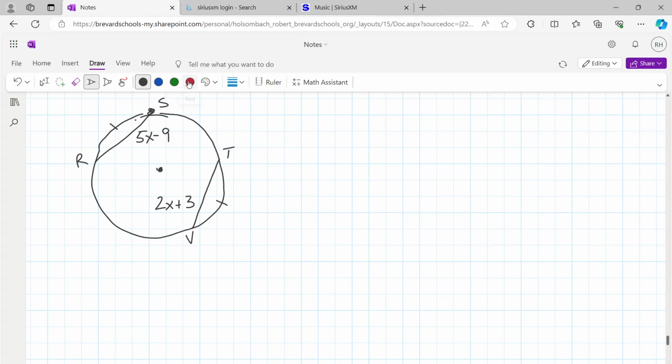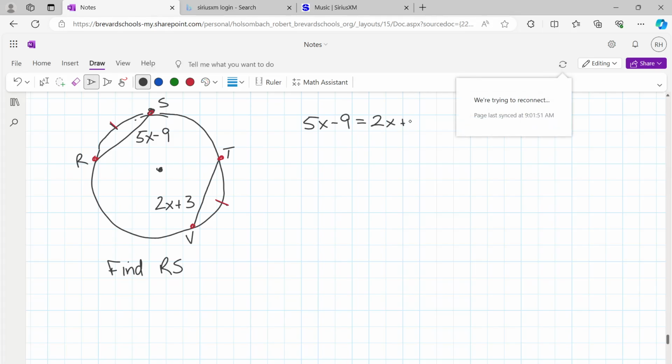All right, so again, if these two arcs are congruent to each other, then their corresponding chords are congruent. So if you're asked here to find RS, well, if the chords are congruent, then 5x minus 9 is equal to 2x plus 3.